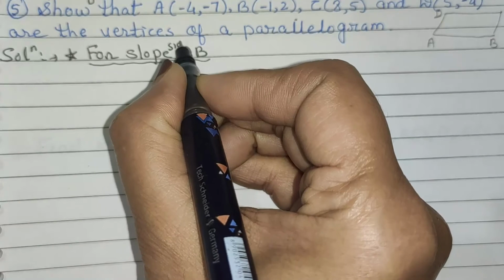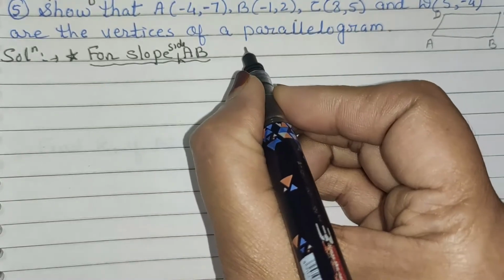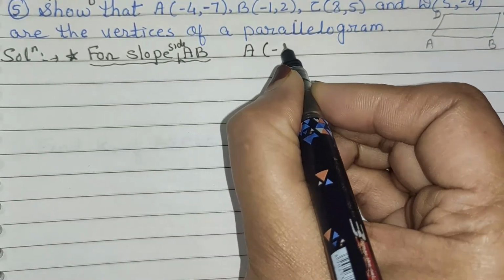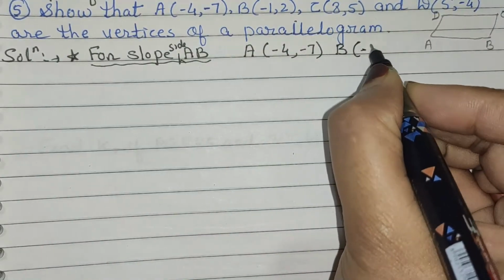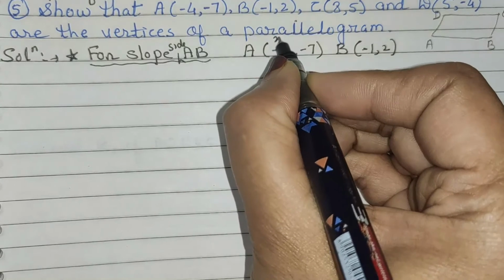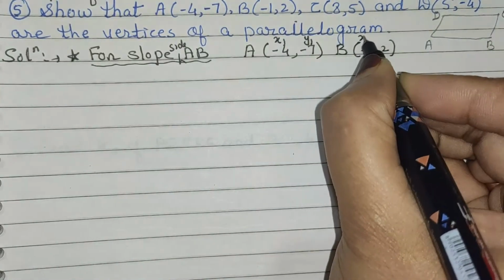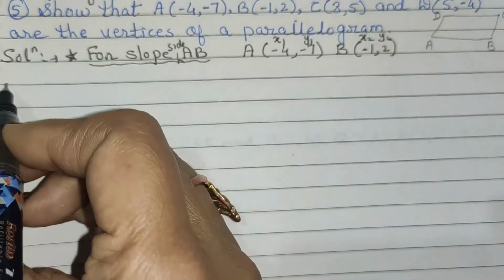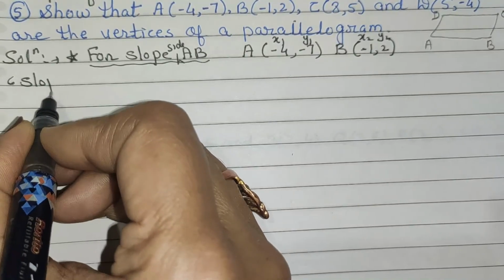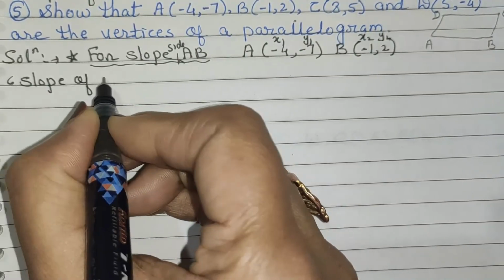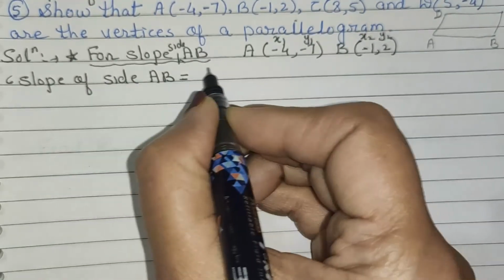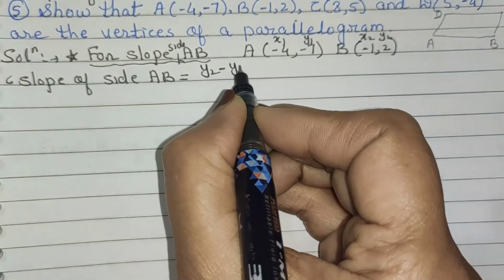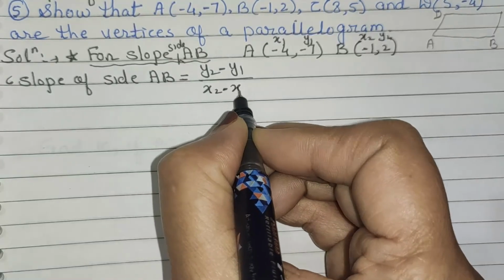side AB, write down the coordinates of point A are minus 4, minus 7 and the coordinates of point B are minus 1, 2. Let us consider the coordinates are x1, y1 and here x2, y2. Therefore, write down the formula here. Slope of side AB is equal to y2 minus y1 upon x2 minus x1.